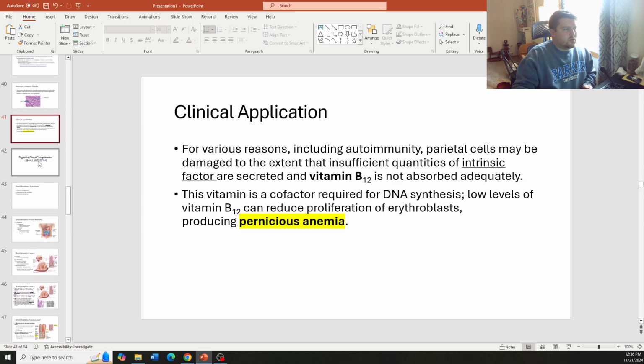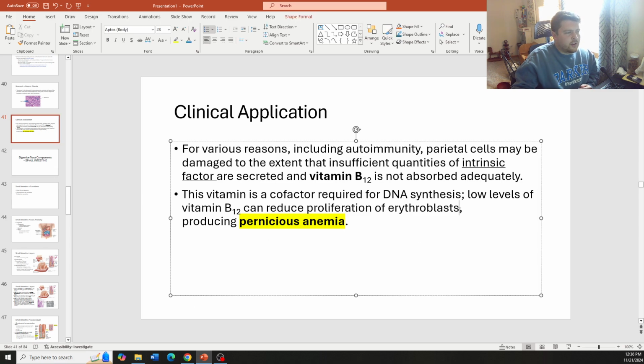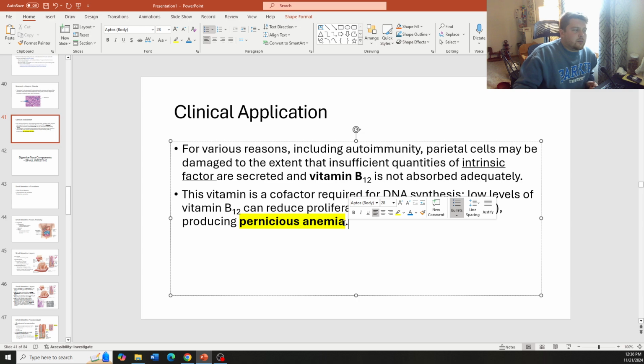Clinical application, I mentioned that intrinsic factor. This is what we want to talk about. If we don't have intrinsic factor, we cannot absorb vitamin B12, and we have issues with the making of erythroblasts, also known as red blood cell makers, and we get something called pernicious anemia.